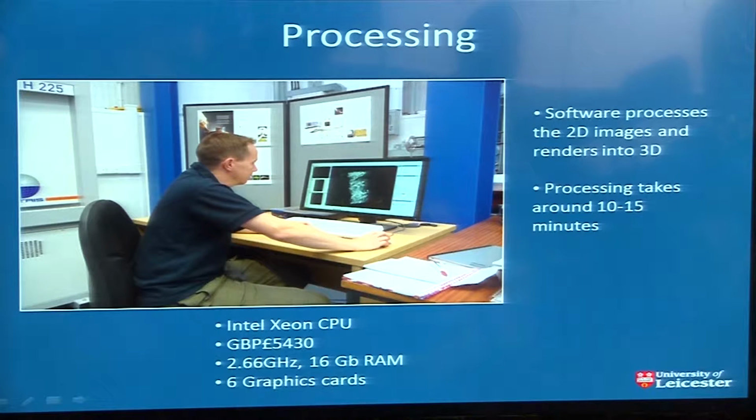And one of the real advances in the past few years, so this technique has been around for over a decade, looking at geological material, but the processing of that data, all those thousands of 2D images, has really improved of late, and we can process that data in around sort of 5, 10, 15 minutes.